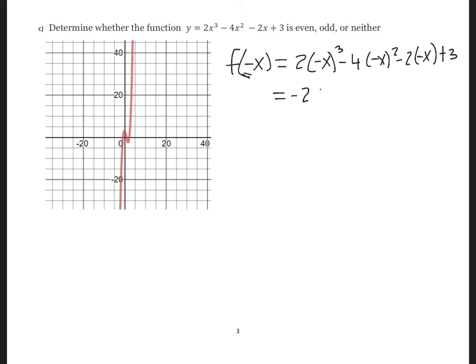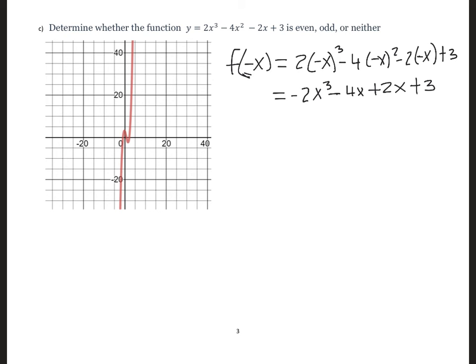Negative 2x cubed minus 4x squared plus 2x plus 3.